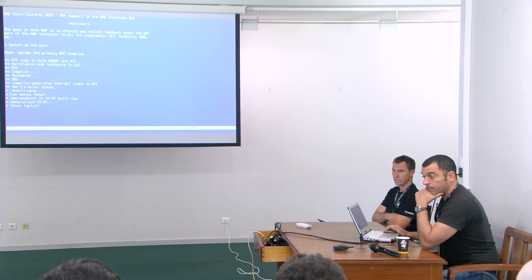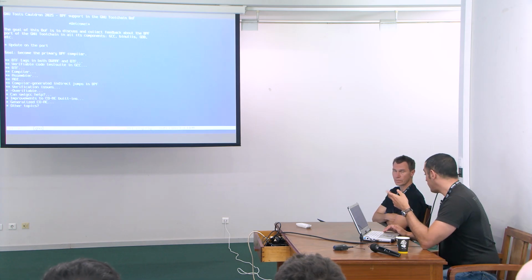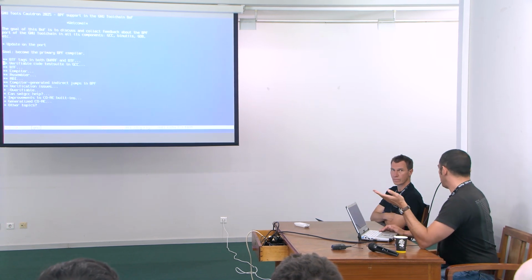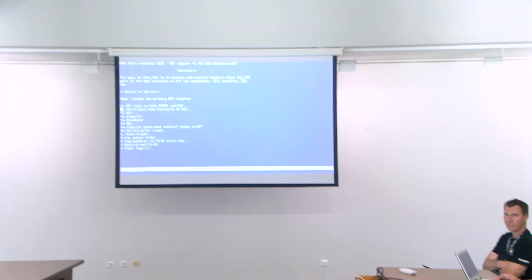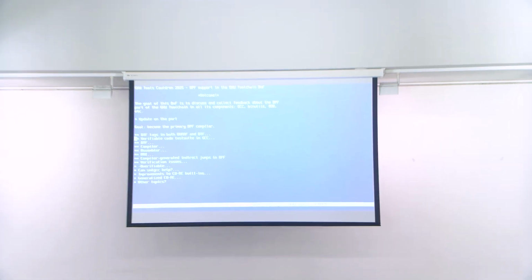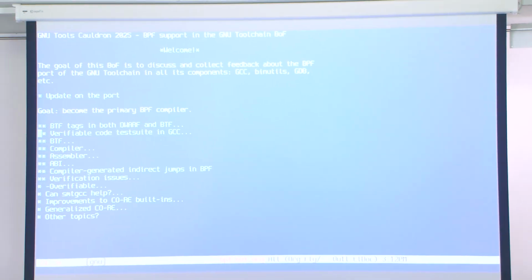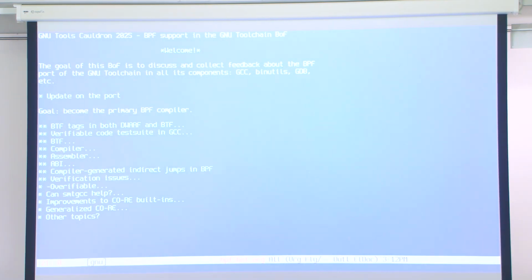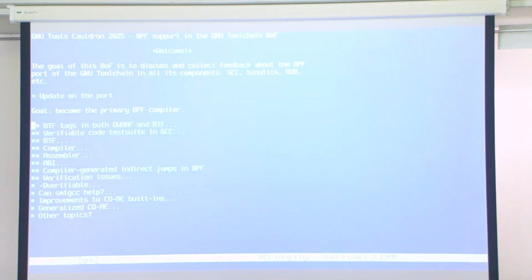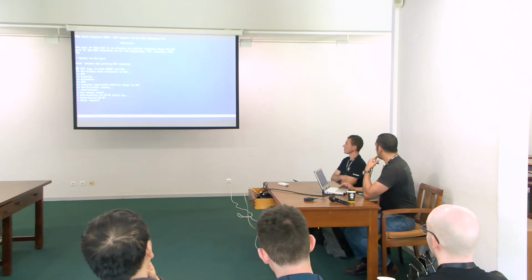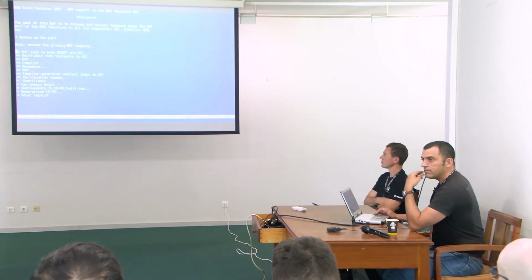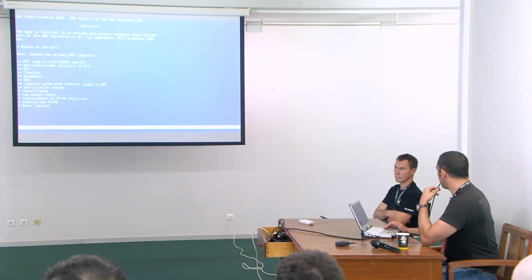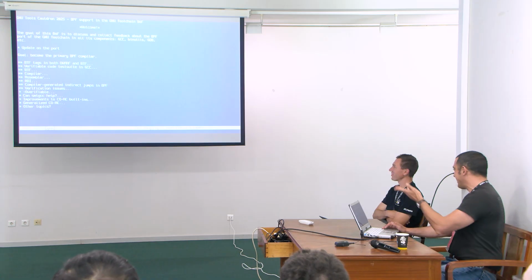The people who are working on the port, which is me, Faust, and Cooper, we don't work on this 100%. So we would welcome any help. And if there is interest in the BPF kernel community in GCC maybe becoming, some day, the primary BPF compiler, we would really appreciate some help, like person power, hacking power, to tackle all those things.